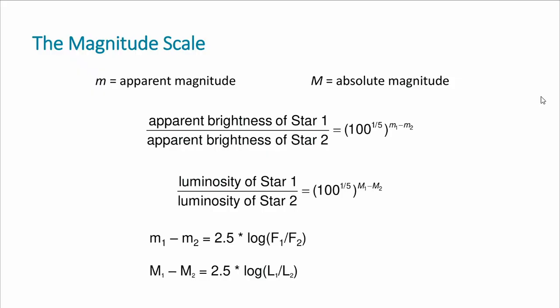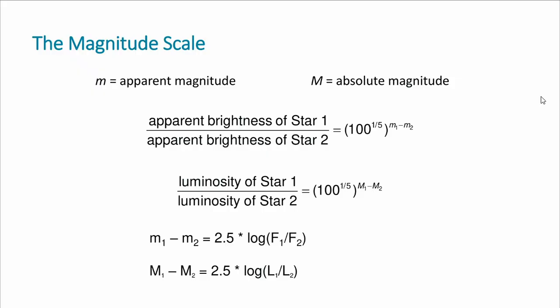We picked a very bright star, Vega, and set Vega's magnitude equal to 0, and then scaled every other star off of the brightness of this one star. Then if you know the distance to those stars, you can convert this lowercase m to a capital M, so you can convert the apparent magnitude to the absolute magnitude.